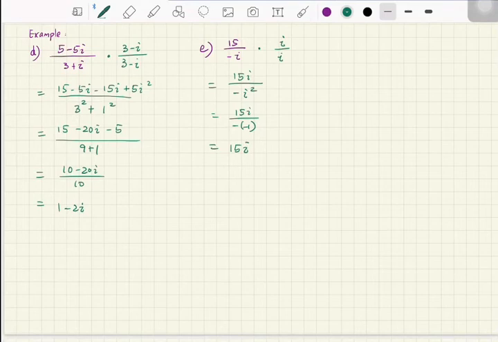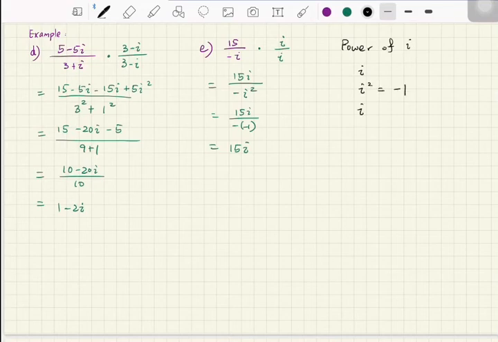Okay, here I want to bring up another concept, the power of i. By definition, i is the square root of negative 1, so i squared is negative 1.